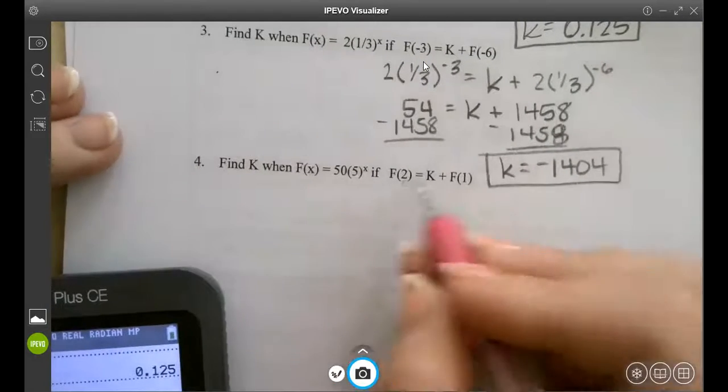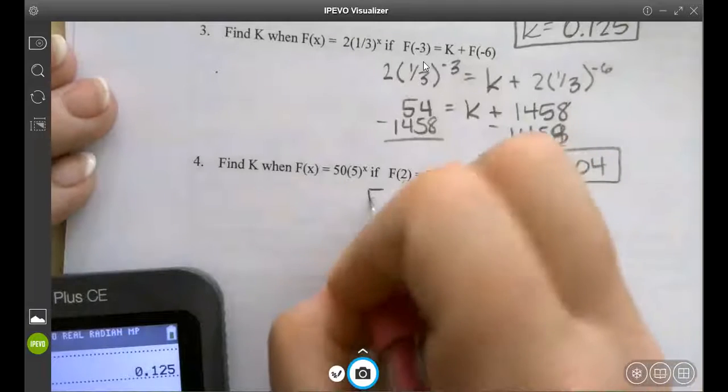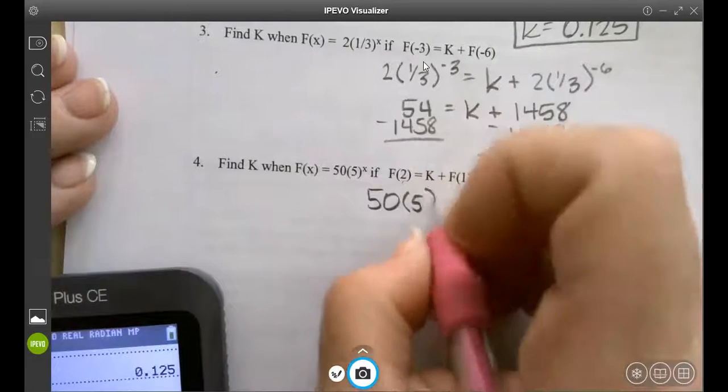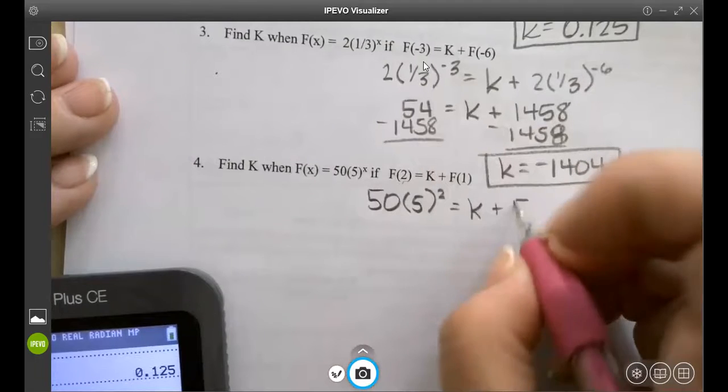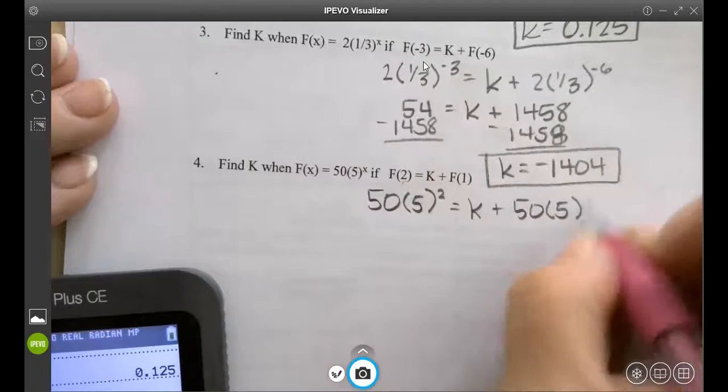Very last one, plug in 2 and plug in 1. So 50 times 5 to the 2 equals k plus 50 times 5 to the 1.